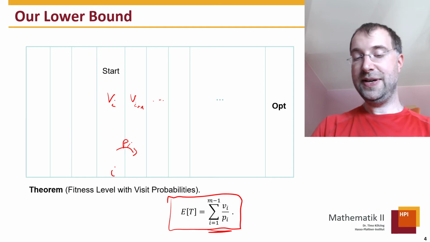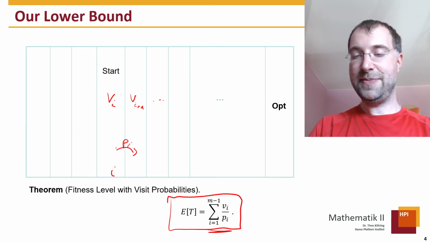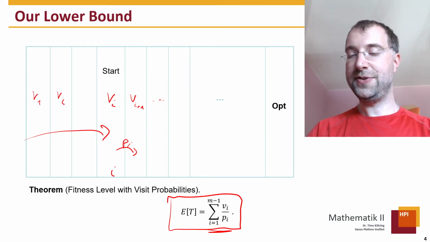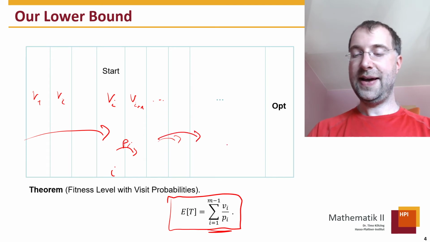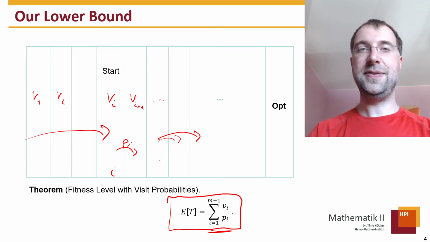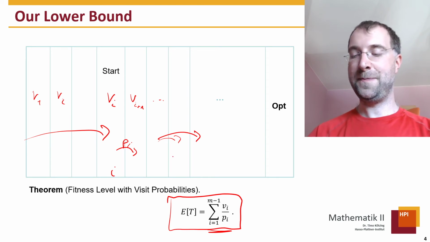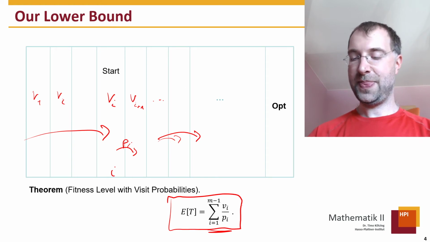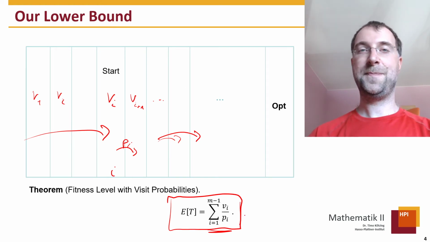So with this, we account for skipping early levels by starting here, because that just means that these visit probabilities are correspondingly low. And we also account for skipping levels here. And still, these pi just need to be probabilities to leave to any higher level. It doesn't need to be the probability to leave to the next level, just any higher level is fine. So this gives us this very easy way of bounding the search.